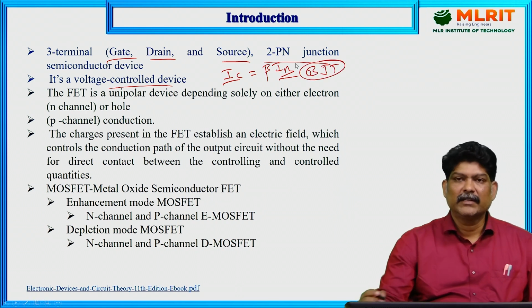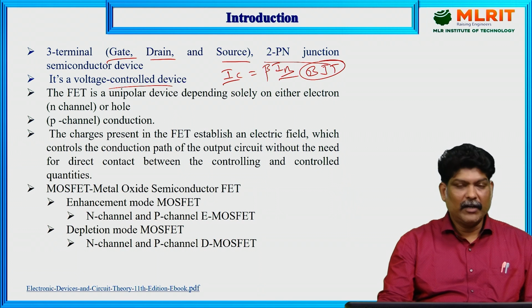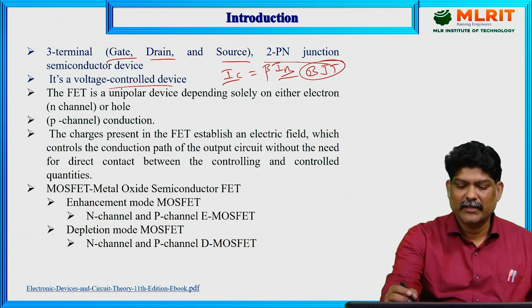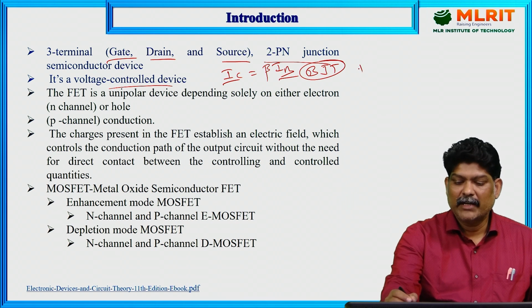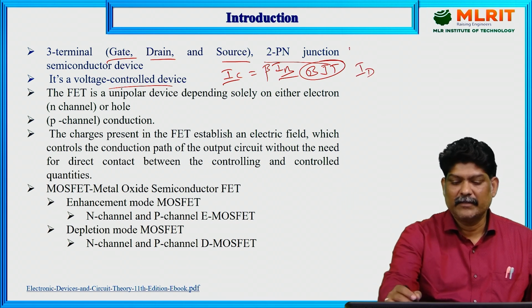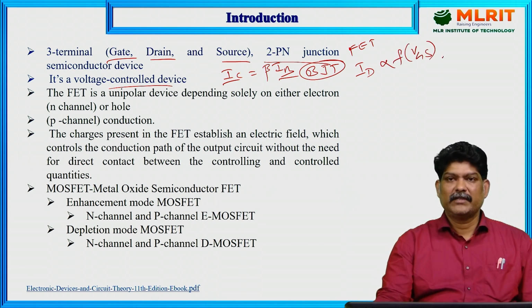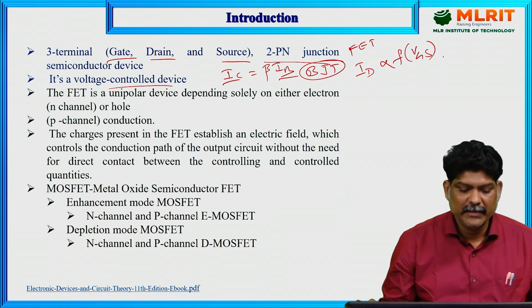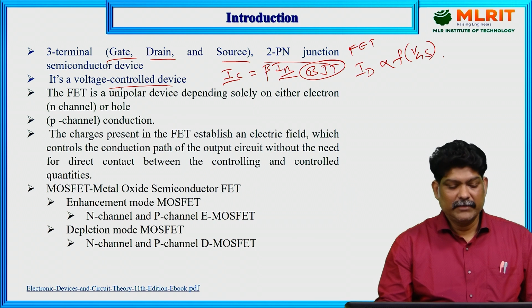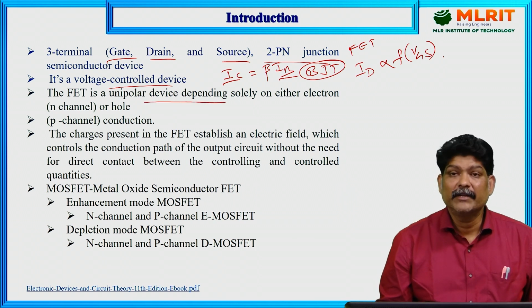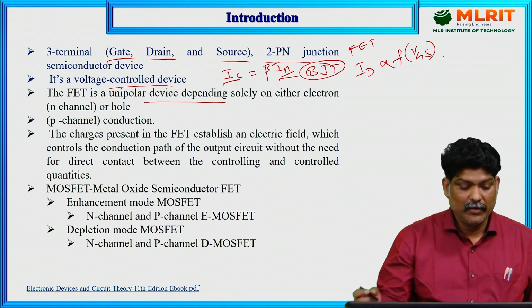Whereas in FET, the output current is controlled by the input voltage. For example, the output current ID in the case of FET is a function of the gate to source voltage. So if the gate to source voltage is changed, the output current can be controlled. Therefore, FET is a voltage control device, and it is a unipolar device because its operation depends upon either electrons or holes.